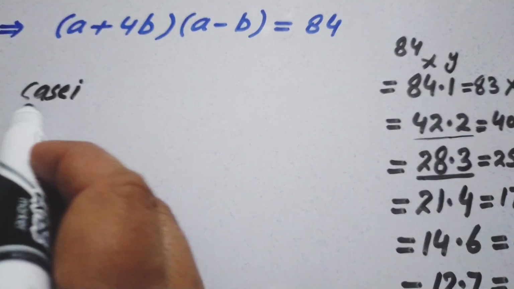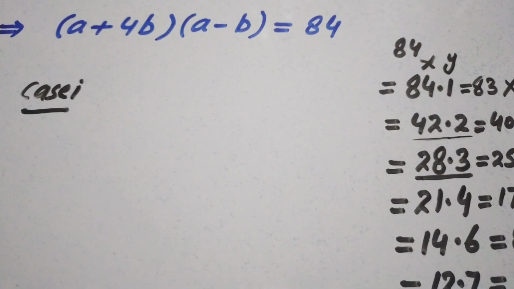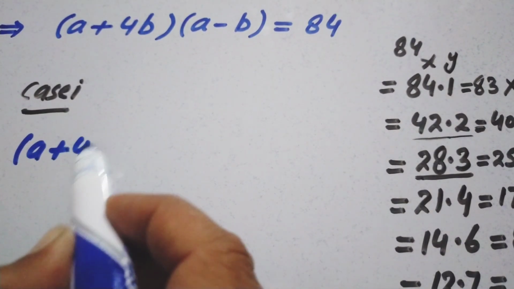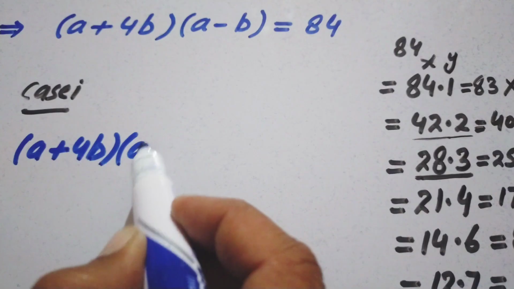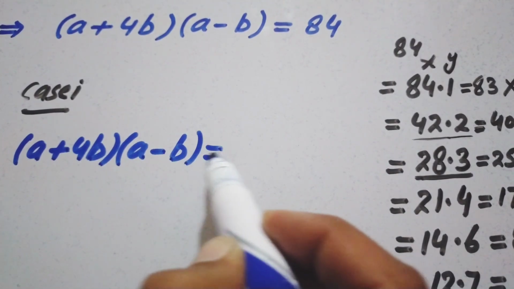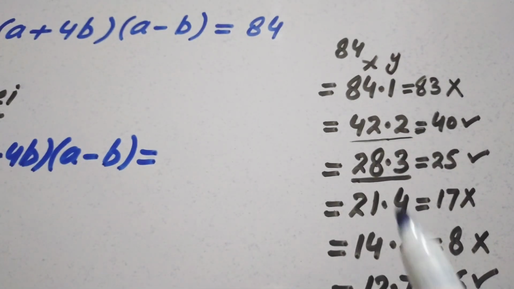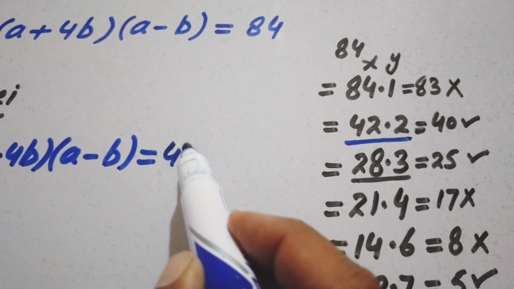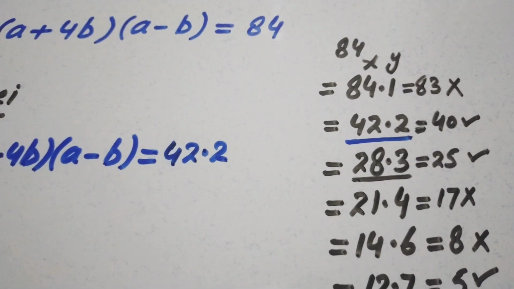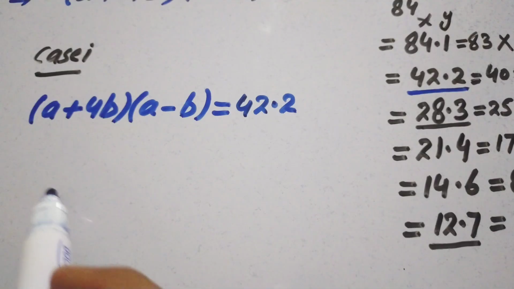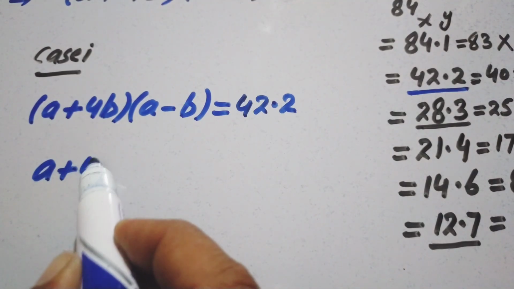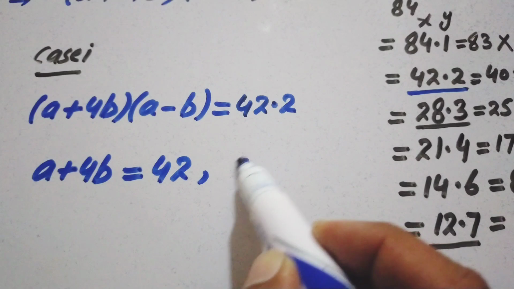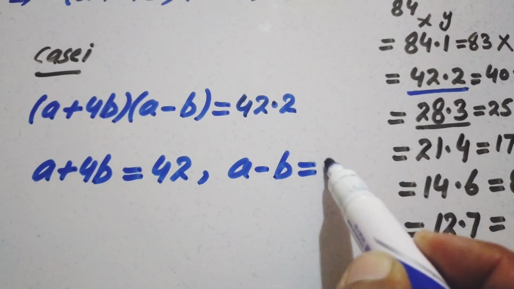Case 1. a plus 4b into a minus b is equal to 84. 84 is 42 multiplied by 2. So now a plus 4b is equal to 42 and a minus b is equal to 2.